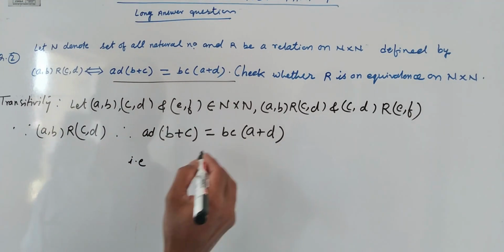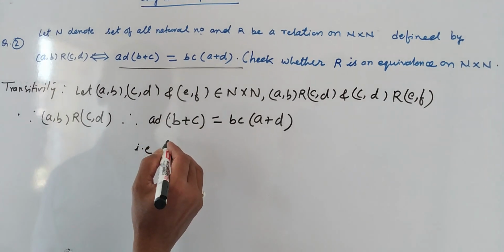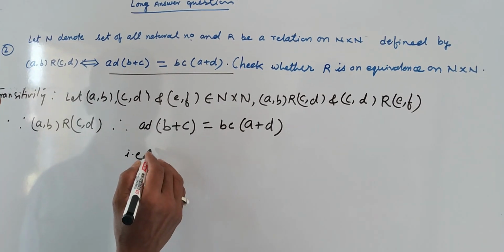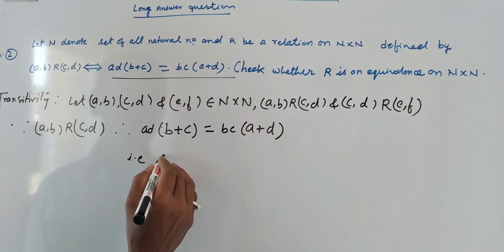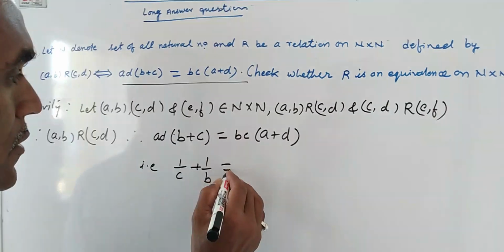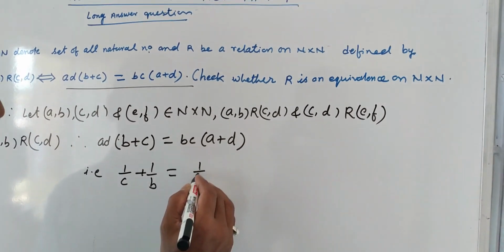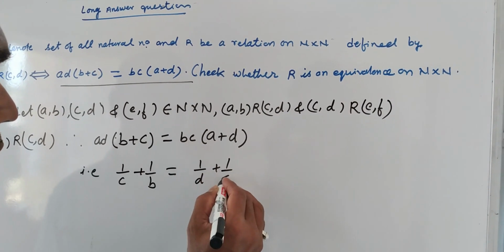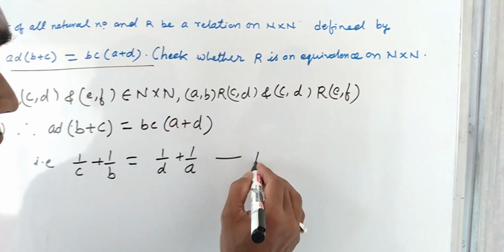If you divide left and right sides by abcd, we get 1/c + 1/b = 1/d + 1/a. This you take first.